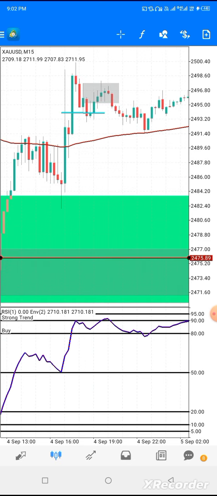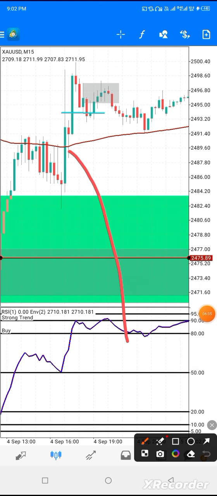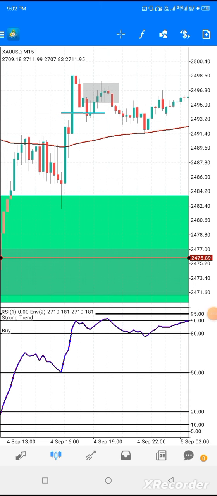So what I look out for at this point, once price breaks above this moving average, is an engulfing candle. Now that engulfing could have happened in the 5 minute time frame, but locating the 5 minute time frame is quite a task right now because the timing is quite low.